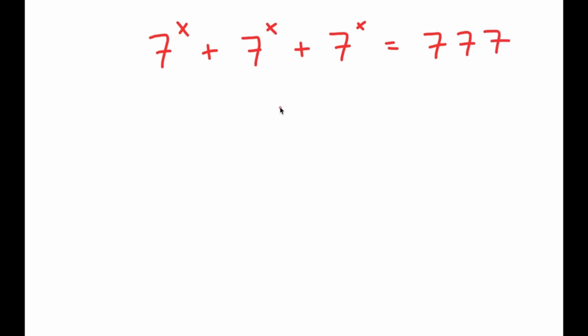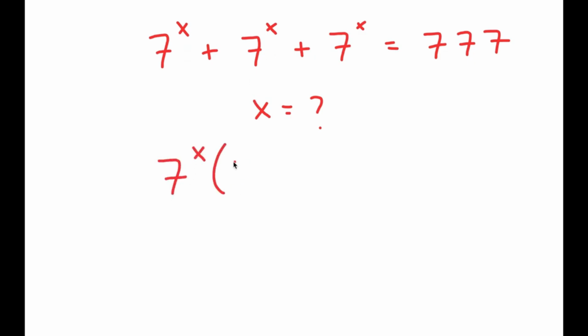Alright, so for this equation, I have 7 to the power of x plus 7 to the power of x plus 7 to the power of x is equal to 777. So I want to find the value of x. To do that, I'm going to factor out 7 to the power of x from my left-hand side because we have the same term 3 times.